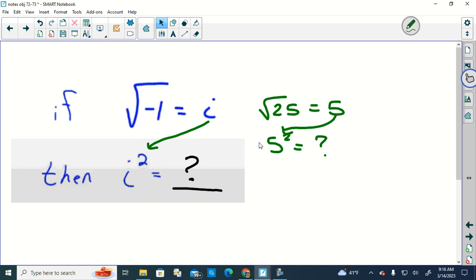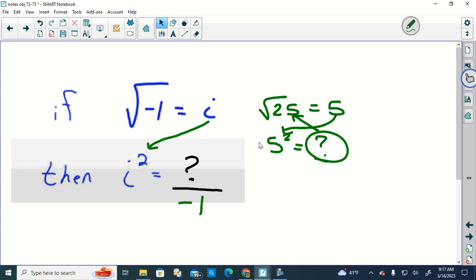The question is, what we get here is really what's underneath the radical. So if you follow that pattern, then this number right here should be a -1 because it was what was underneath there.